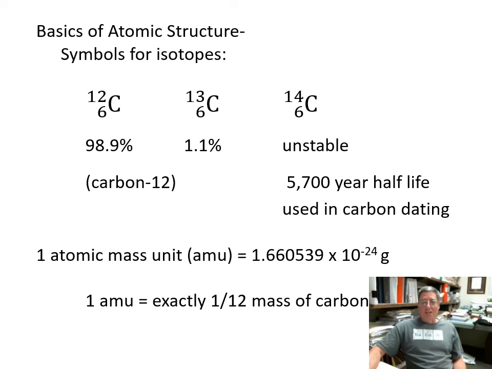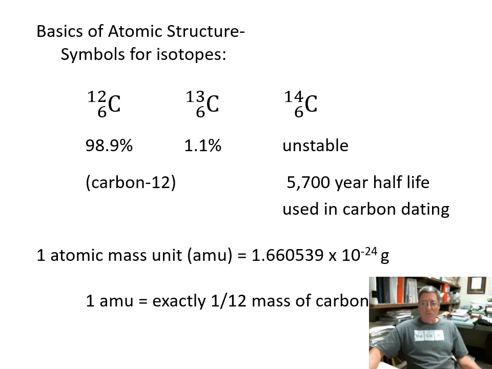Anyway, so the atomic mass unit, this is not obviously something you would have to know, but we could use it as a conversion factor. And so 1 AMU, or atomic mass unit, is this 1.66 blah, blah, blah, times 10 to the minus 24th grams. So it's just this really tiny number of grams, and it's not very convenient to work with numbers times 10 to the minus 24th.